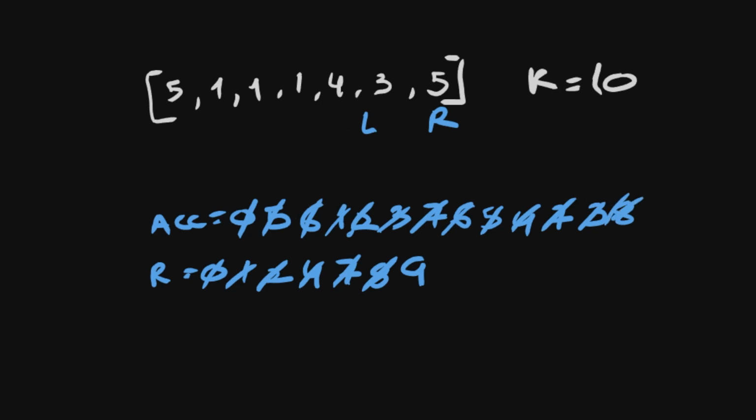This is now 5, and we update left, and we check again if 5 times 1 is smaller than k, and it is, so we add r minus l plus 1 to our result, which is now 10, and we update right. And now we reach the end, so we return the result, which is 10.